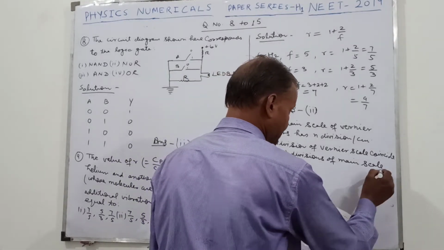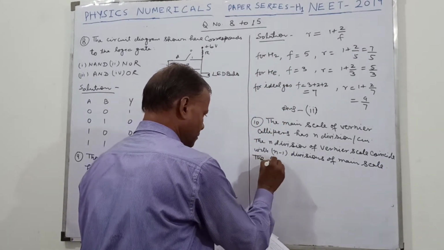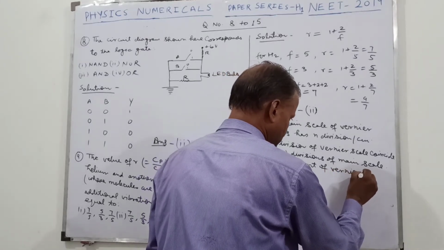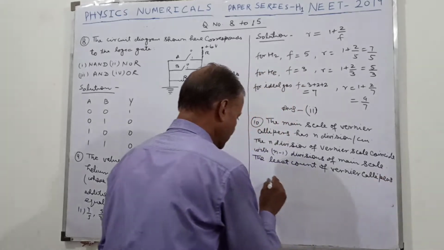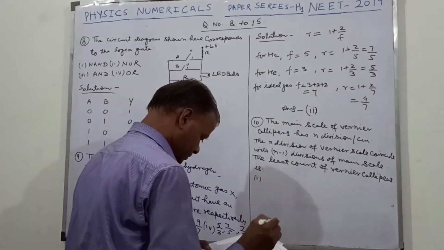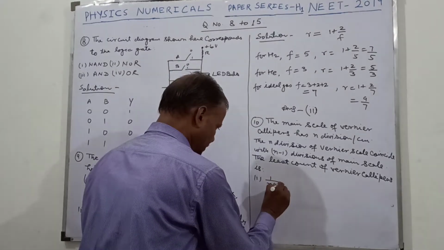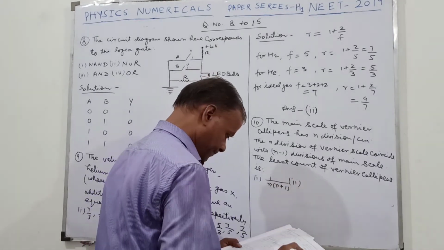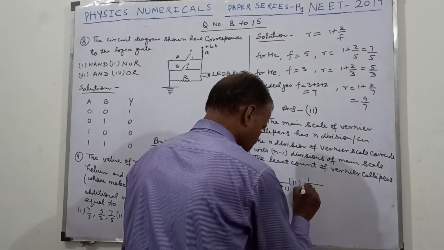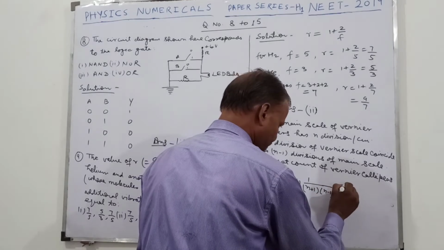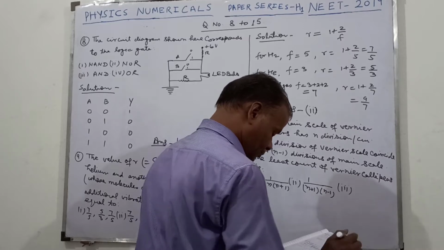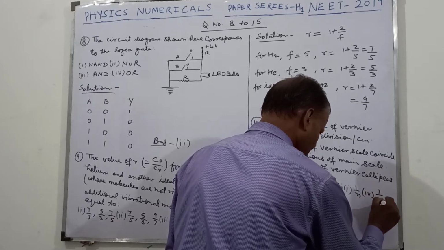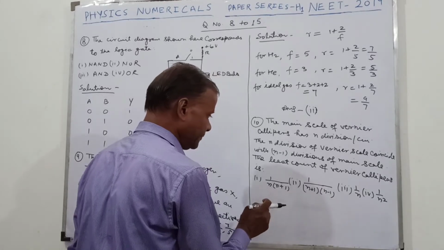The least count of the vernier calipers is, now your options: first, 1 upon n into n plus 1; second, 1 upon n plus 1 into n minus 1; third, 1 upon n; and fourth, 1 upon n square. This is so much in centimeters.